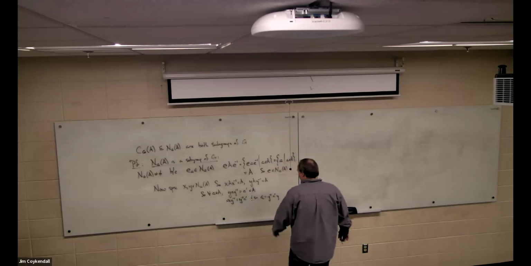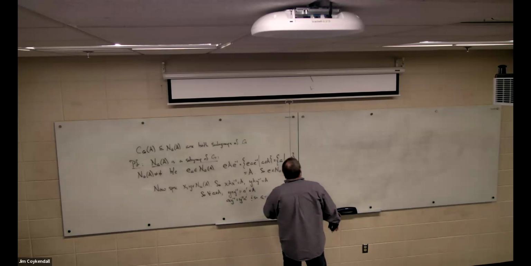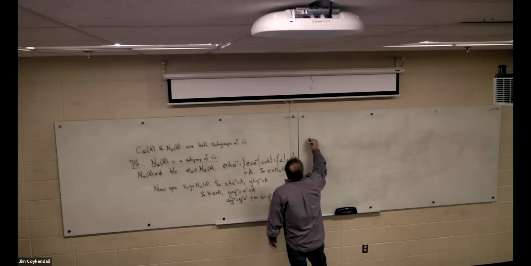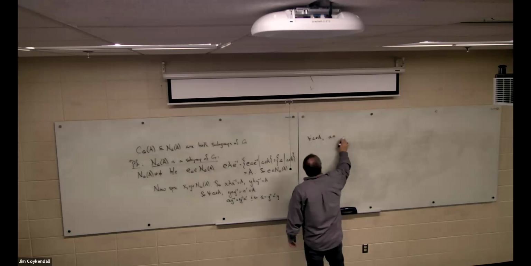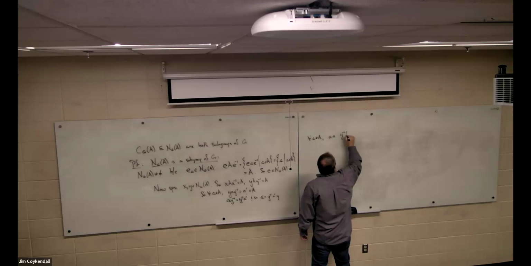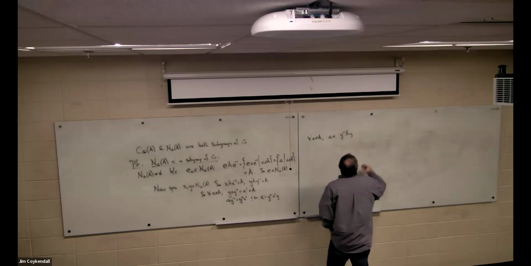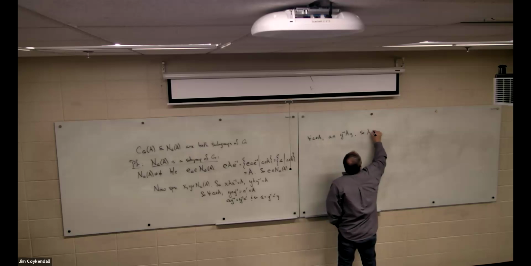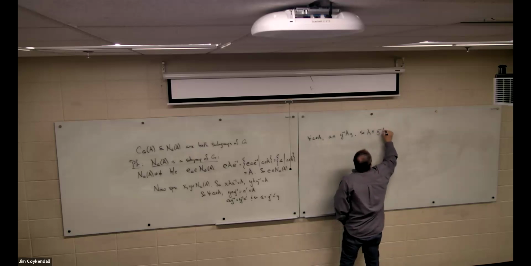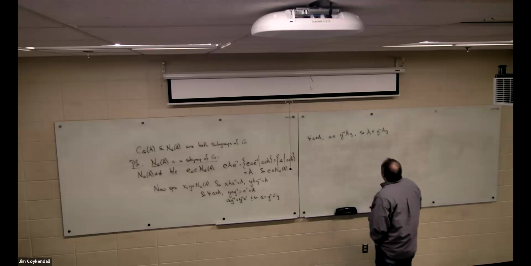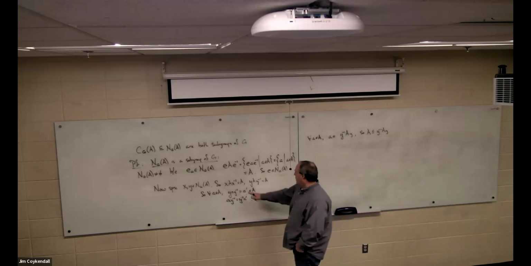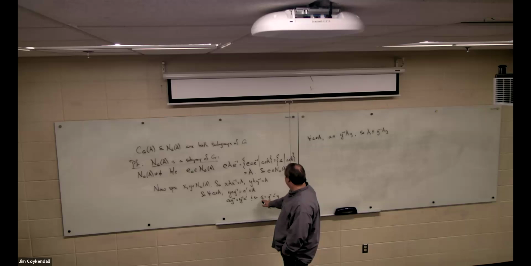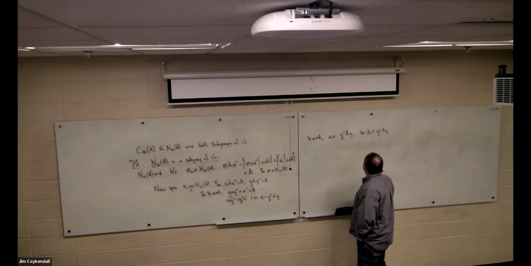So what we've shown is for every a in A, a is in y inverse A y. So for all a in A, there is an a prime such that y inverse a prime y is equal to a. So everything here is contained in here.